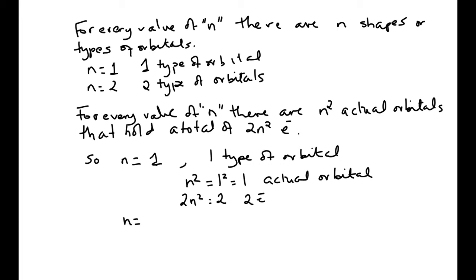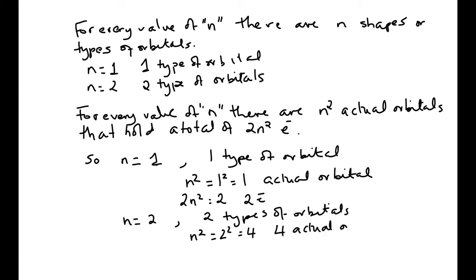N equals 2, the second energy level. There's 2 types of orbitals. N squared is 4, so now there's 4 actual orbitals. So there's 2 types. There's 4 of them, and they can hold 8 electrons. So you can have up to 8 electrons in those orbitals on the second energy level.